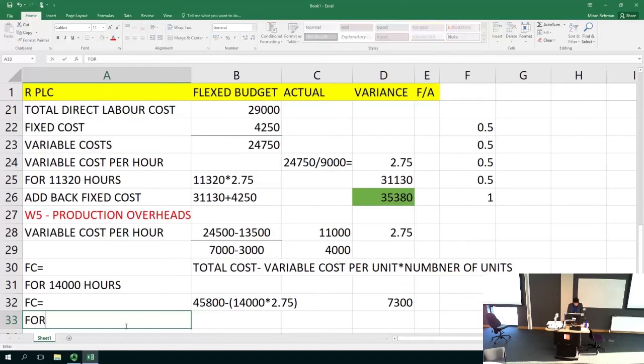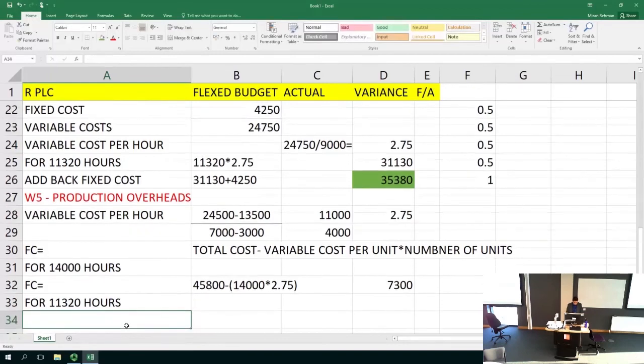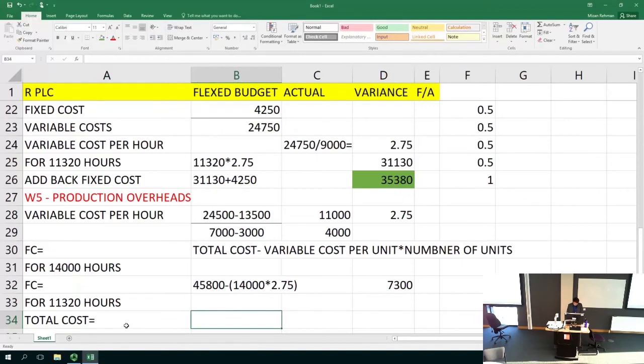So for 11,320 hours, my total cost is what I'm looking for. My fixed cost is 7,300. That's I just calculated, plus 11,320 times 2.75.